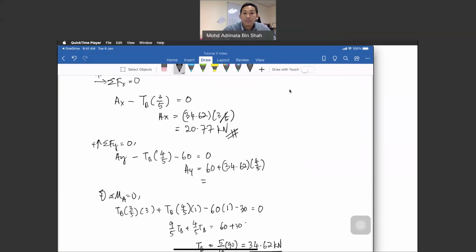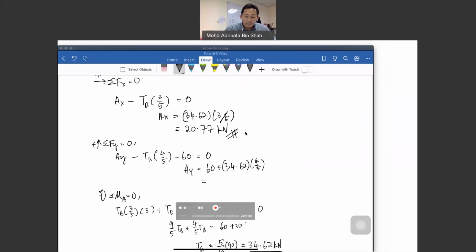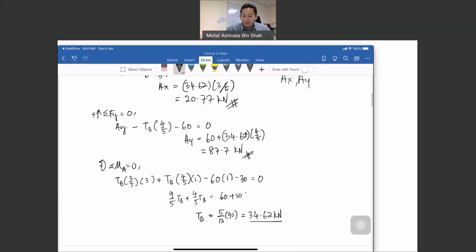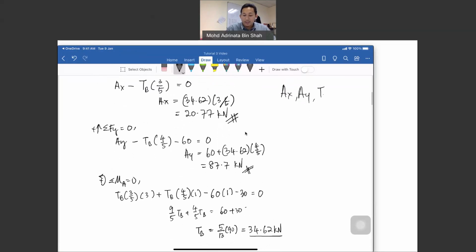So we got 67.7 kilonewton. Okay, so we have solved our Ax, Ay, pin, okay, and also the tension in the cables. Done.